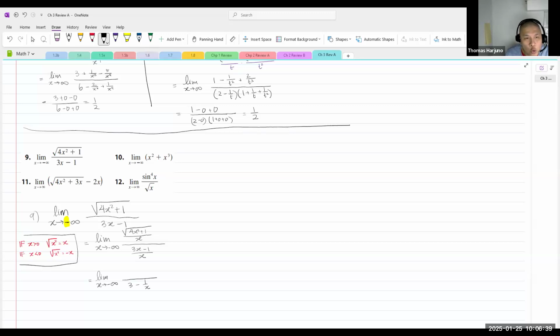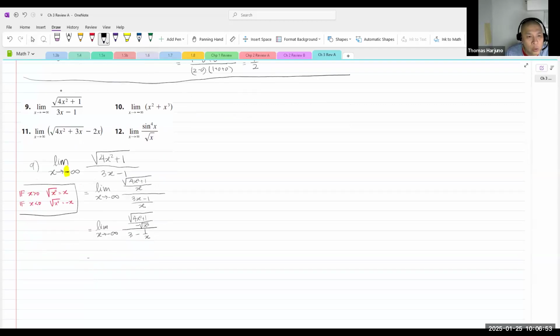At the numerator, we need to rewrite that x in the square root form, but it's not the square root of x squared, but negative square root of x squared. In other words, we will get the limit as x goes to negative infinity of negative square root of 4x squared plus 1 over x squared.